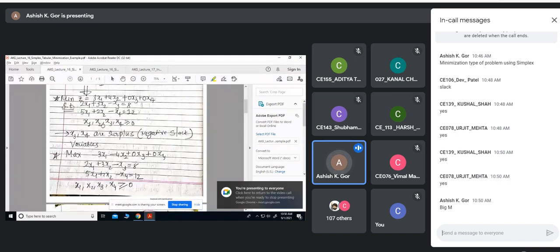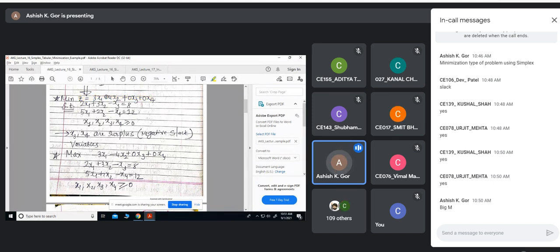Now you see the change that I have done. I want to minimize this function. This same thing can be achieved by maximizing the negative of this function. Since we know how to solve the maximization type of problem, I convert minimize z equal to this by negating.